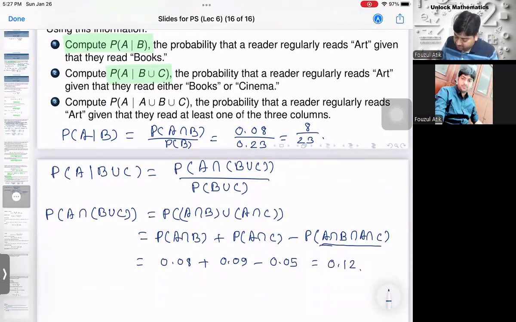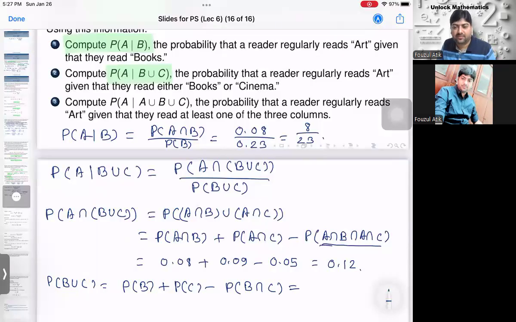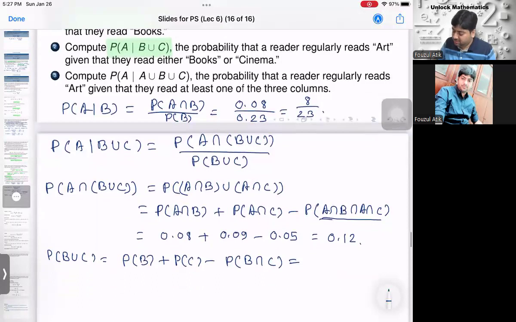And similarly, we can find P of B union C. We know the formula again. P of B plus P of C minus P of B intersection C. Just substitute the values again, because P of B, P of C and P of B intersection C, every value is given. If I substitute, we will get 0.47.